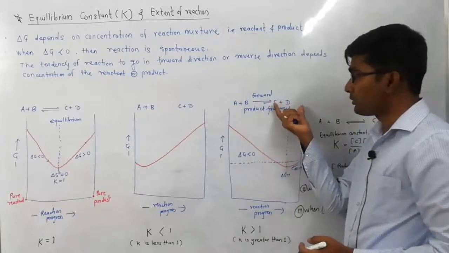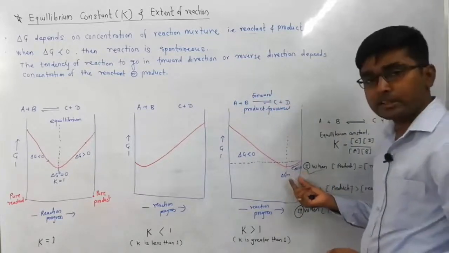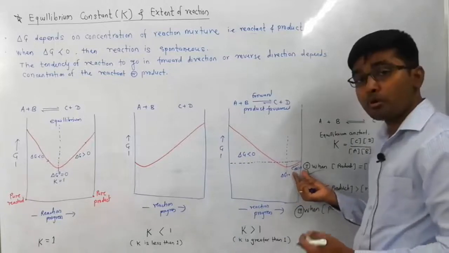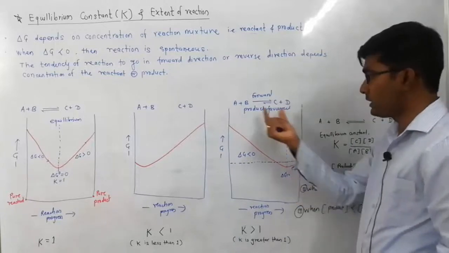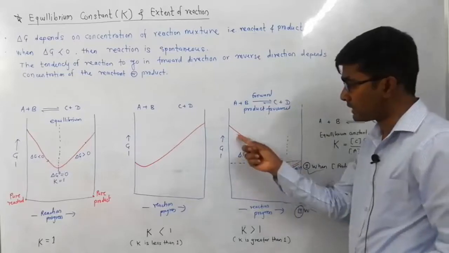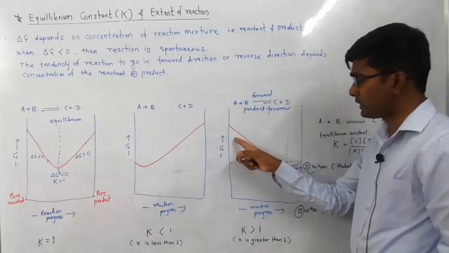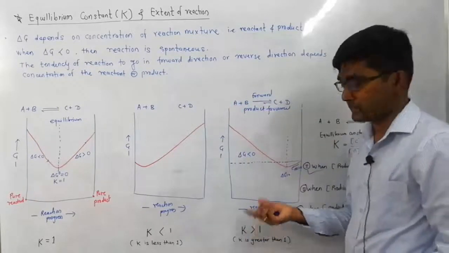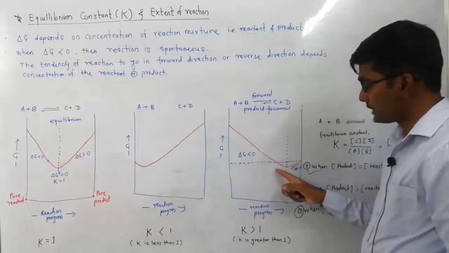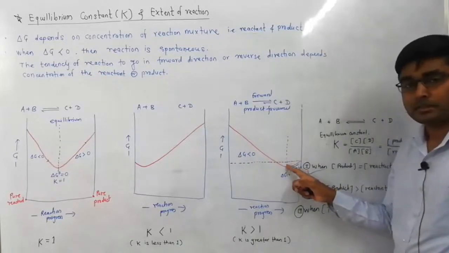In free energy language, the free energy is more than that of the reactant, so delta G is greater than 0. Here delta G is less than 0, which means the reactant has less stability than product, so it will spontaneously react to form the product. So there is a sharp decrease in this curve.